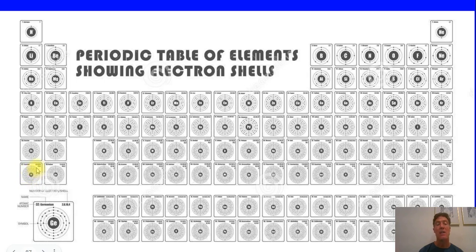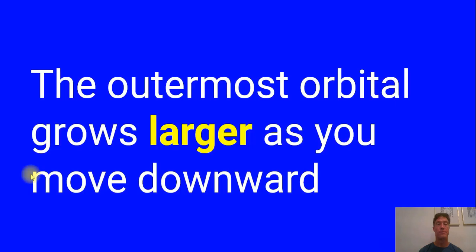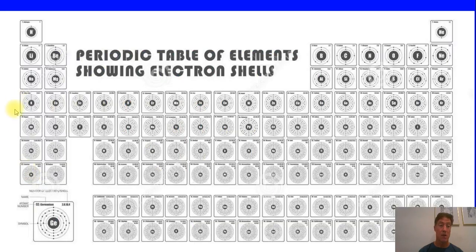It's shielding these outer electrons from the full force of the nuclear charge. So as I said, the outermost orbital grows larger as we move down the periodic table, because as we move down, we are adding new shells every time.